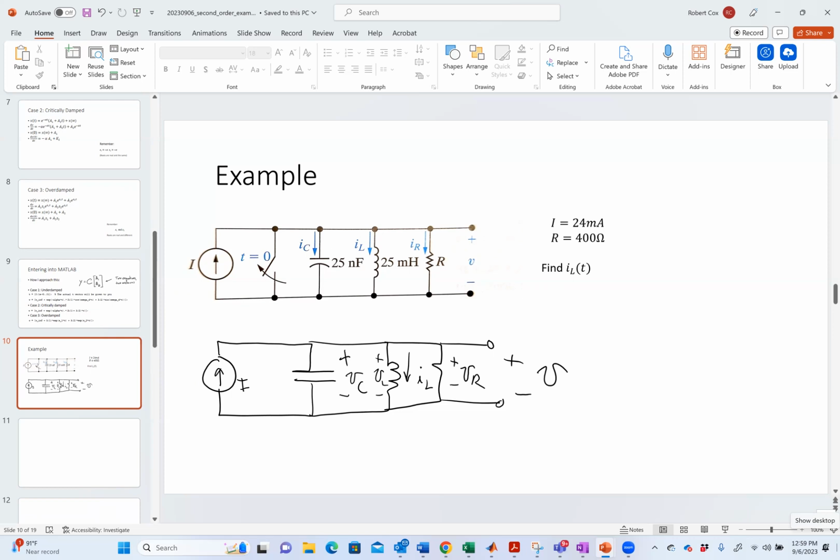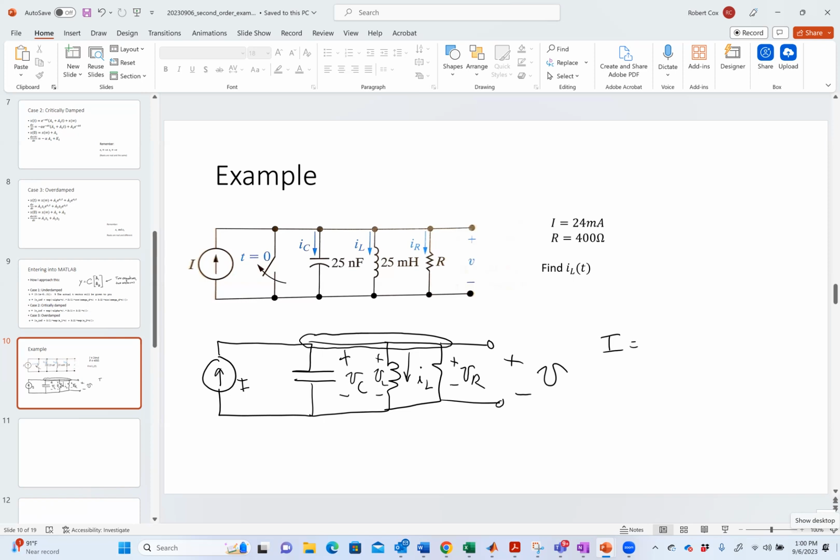So KCL: the sum of the currents into the node equals the sum of the currents out of the node. What's the sum of the currents into the node? I'm talking about this top node right here.